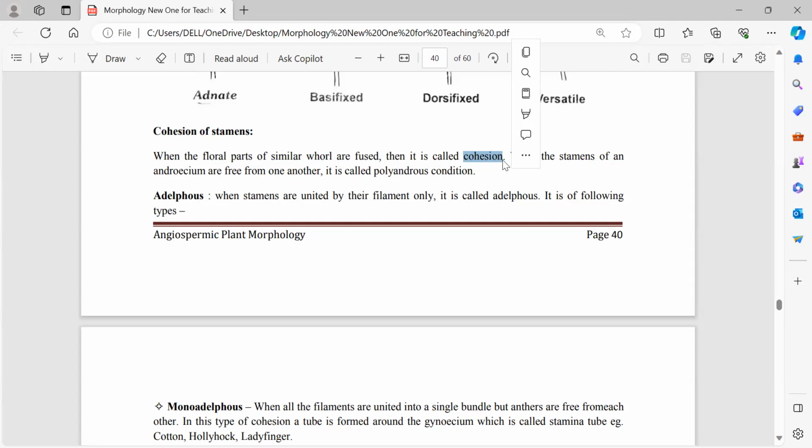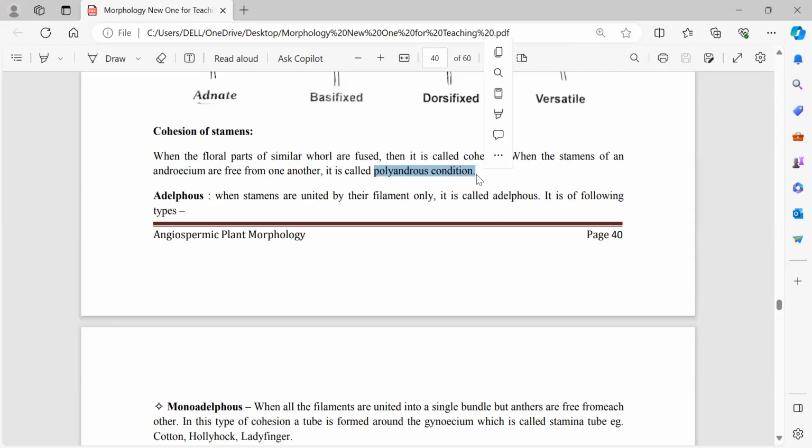Since we are at this time studying the stamens, when stamens are fused among themselves, we call it cohesion of stamens. When stamens of an androecium are free from one another, it is called a polystaminous or polyandrous condition. इसको हम polyandrous कहते हैं.